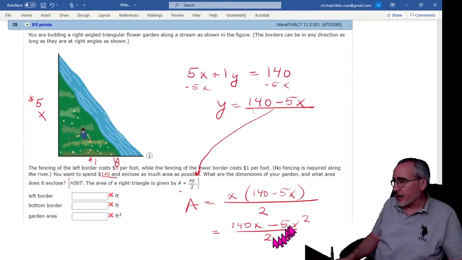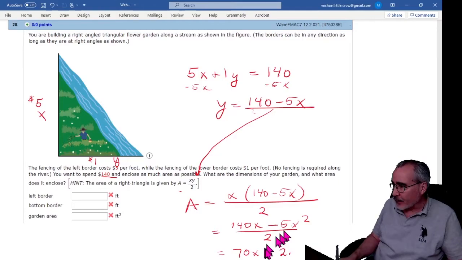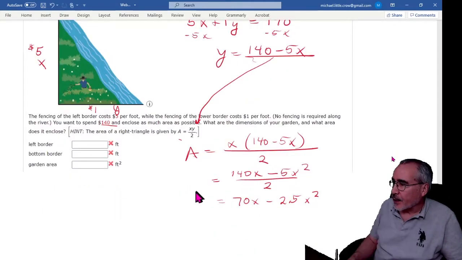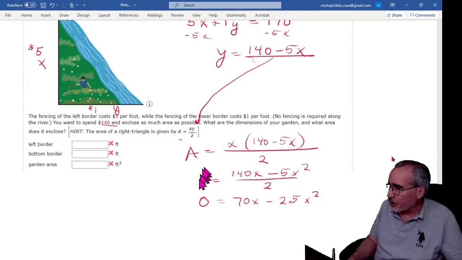We could distribute this 2, and so we get 70x minus 2.5, that's 5 divided by 2, x squared. This is still area. We've just simplified.